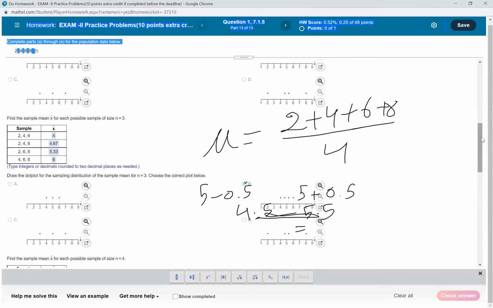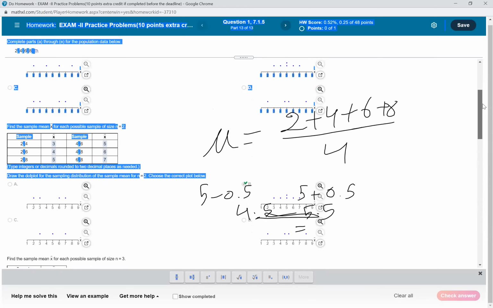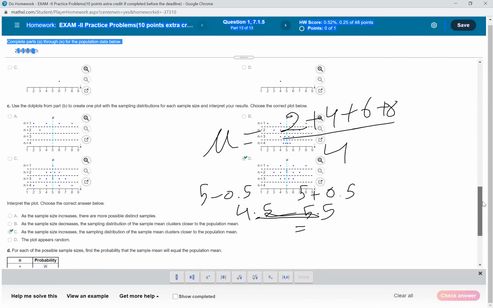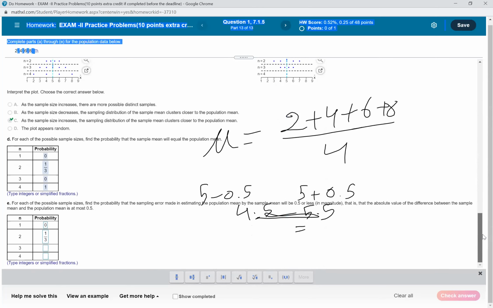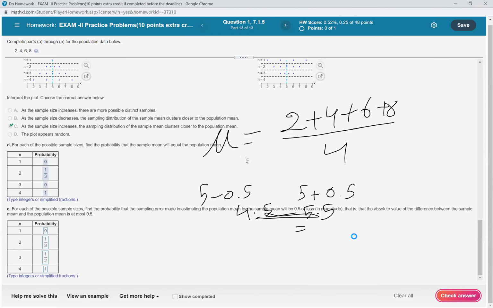So we have 2 numbers which are within 4.5 and 5.5. So that means it will be 2/4, so 1/2. And the last one is still 1. Okay, so let's check that. Yeah, that's correct.